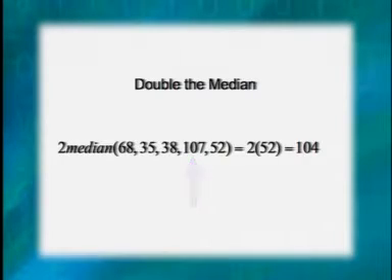So we know that this strategy, the double the median strategy, doesn't necessarily give us an estimate that is credible. In our actual example, it gave us a number 104, and we know there are at least 107 tanks.